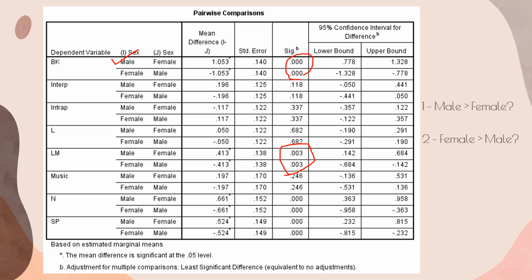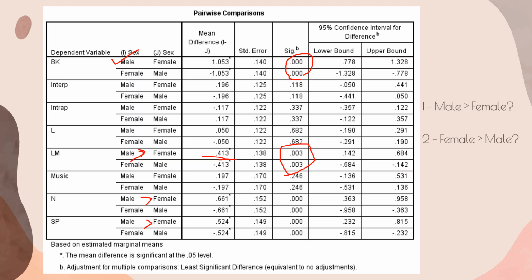If not significant, a pairwise comparison doesn't make sense. So in here also male greater than female. And in nature, male greater than female. Spatial, male greater than female. Conclusion: 4.